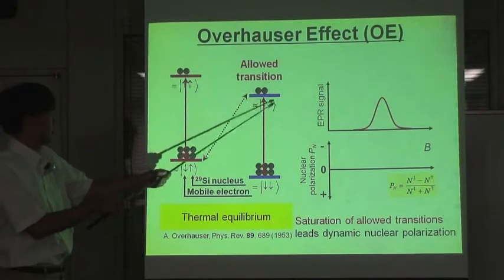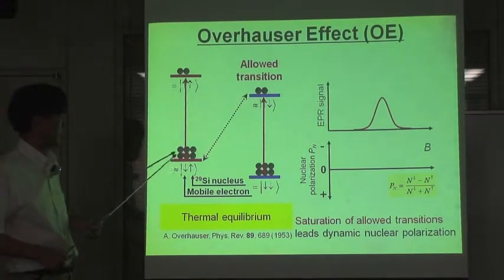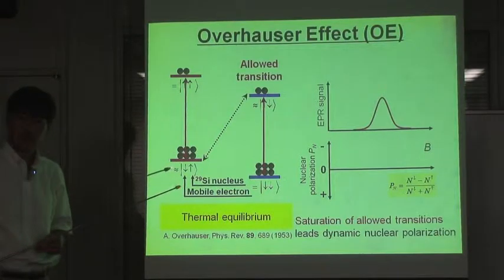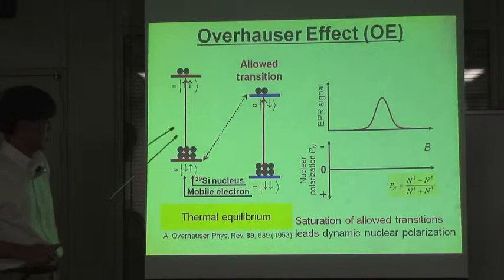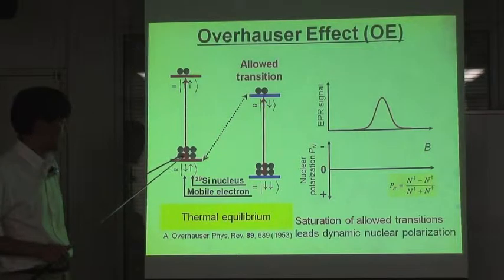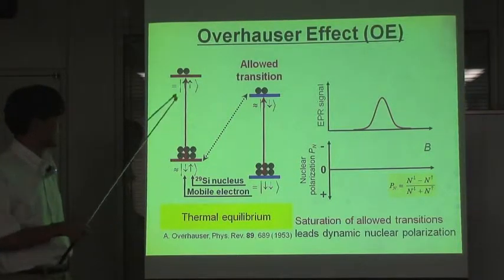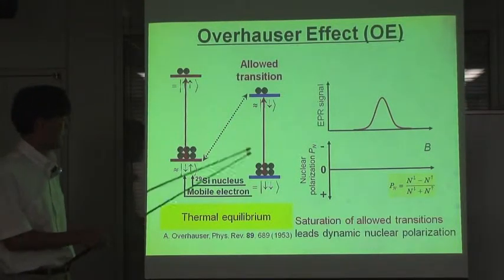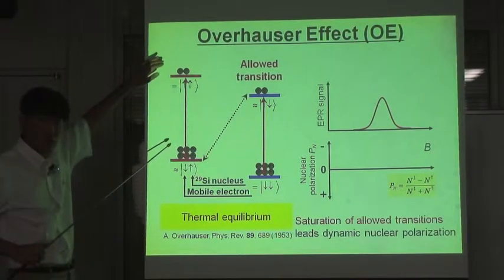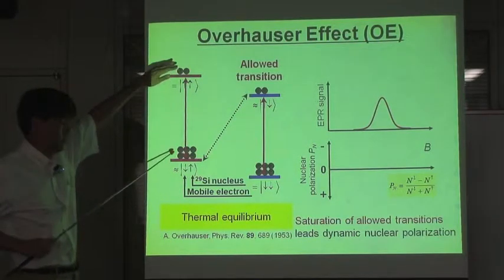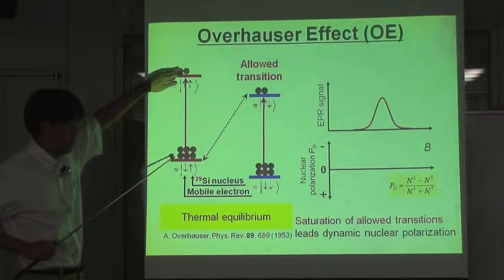These are the electron spin excited states, and these are the electron spin ground states. So if we shine microwaves corresponding to the red transition, of course in a certain magnetic field, that's why there's a splitting between electron down and up.